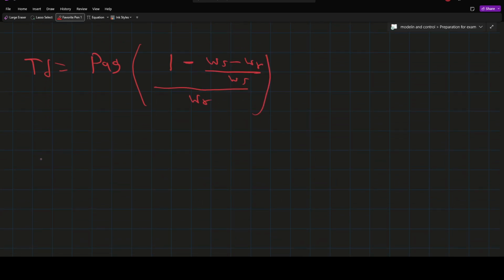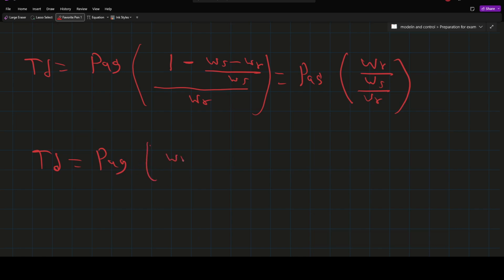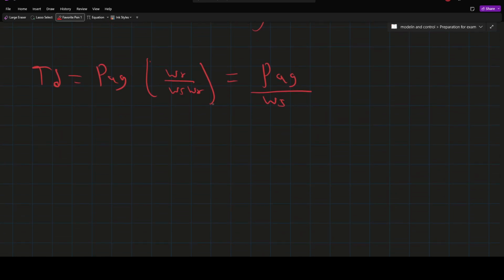So we will get TD equals the air gap power, over omega r over omega s times omega r. And so we say that TD is our air gap power over our omega s, our synchronous speed in mechanical.